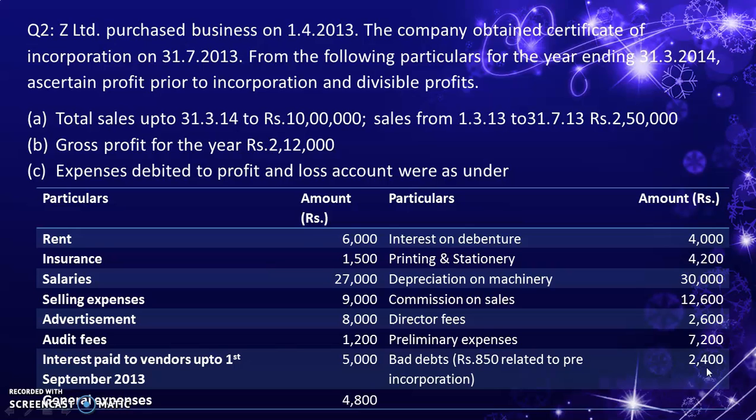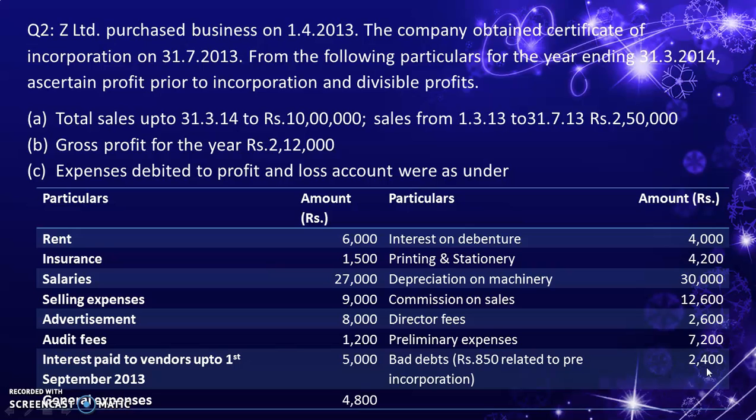General expenses, note number 5, time ratio. Interest on debenture, finance cost, that is note number 3, and post-incorporation period expenditure. Printing and stationery, note number 5, time ratio. Depreciation on machinery, note number 4, time ratio. Commission on sale, note number 5, sales ratio. Director fee, note number 5, post-incorporation period expenses.